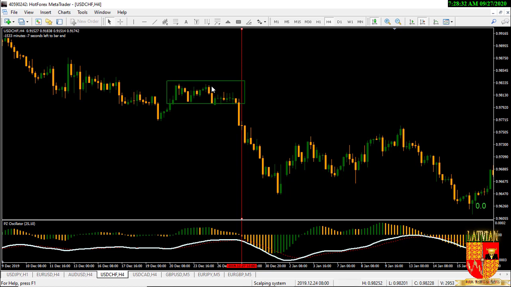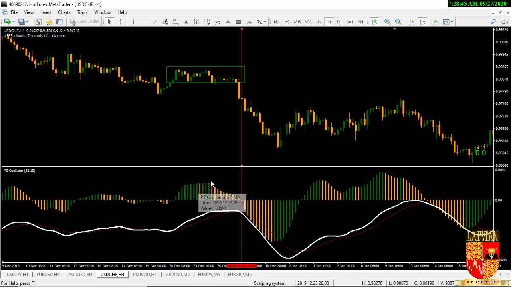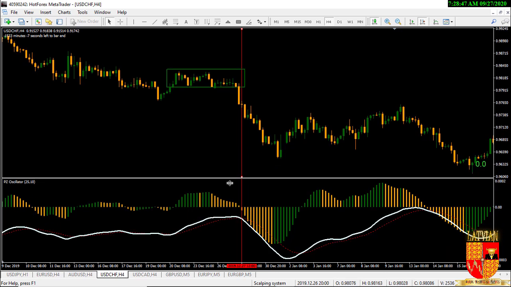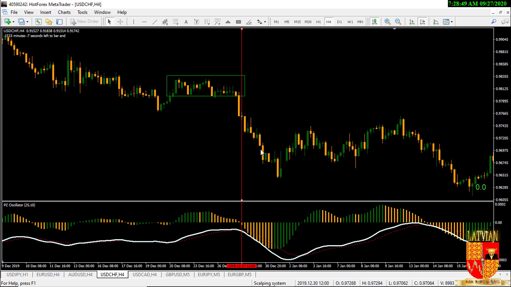Okay, this will be your important zone, the zone where you start drawing your Fibonacci from, because it is the one that actually gave you this retracement high on your MACD oscillator, this one. Okay, so the next thing that you have to do is to wait until this impulse move finishes.